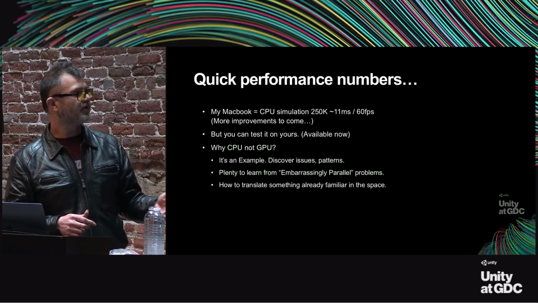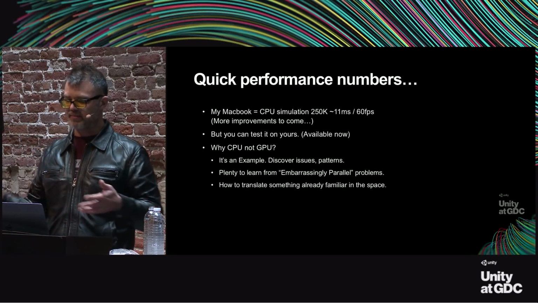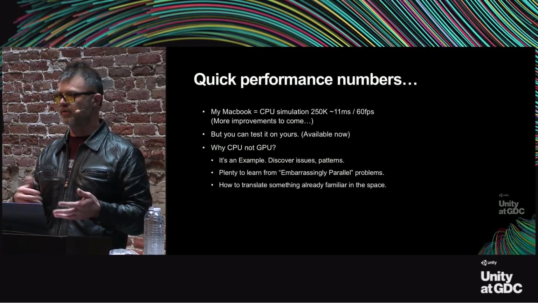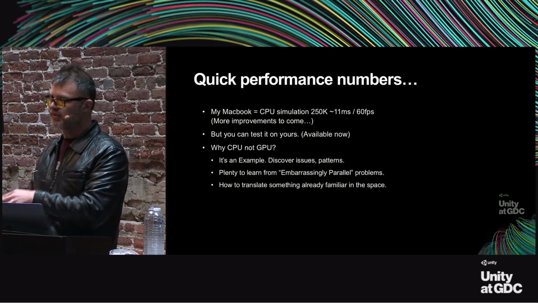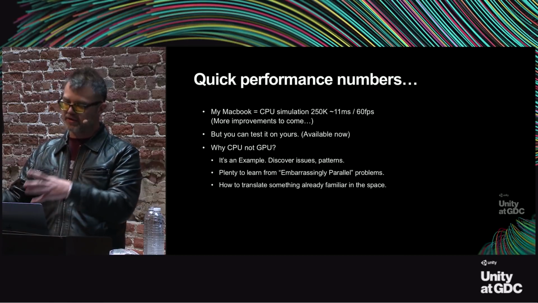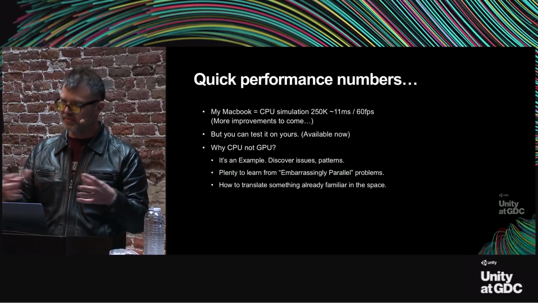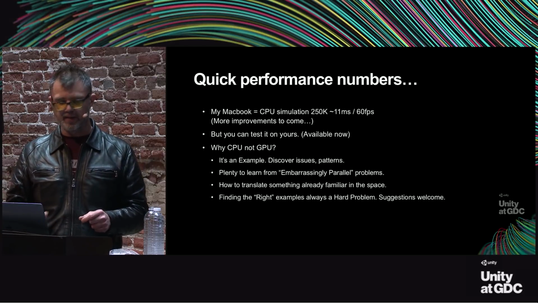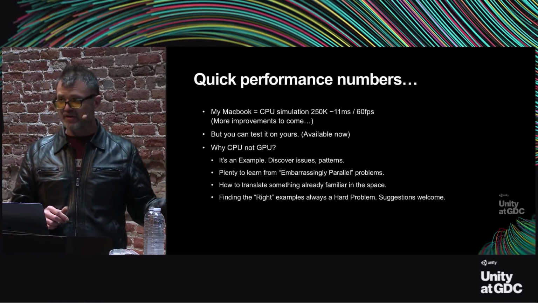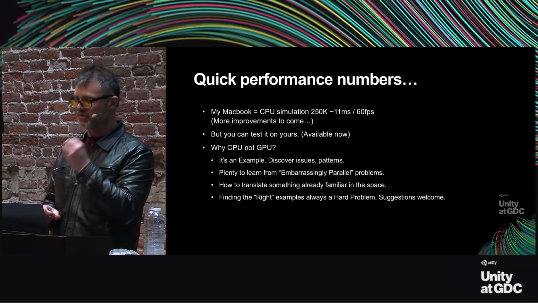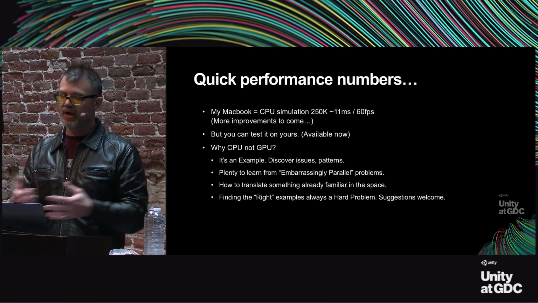And it's also a good way for you to translate something that you're already familiar with in this space, right? If you've already done Boids on the GPU or on some other platform, you can see how that maps to what we're doing. So it gives you a way to translate that. And honestly, finding the right examples is itself a hard problem.